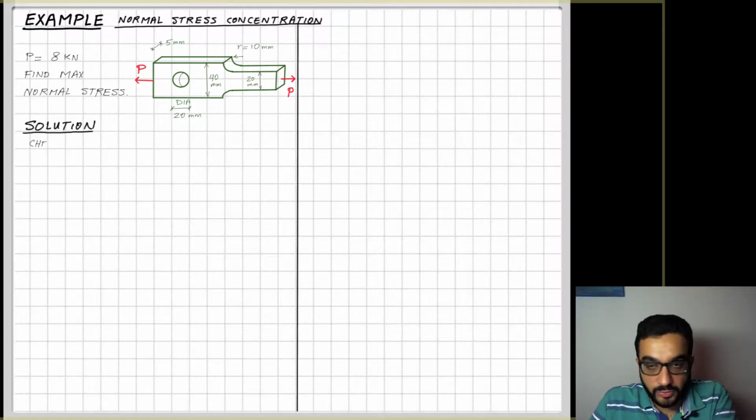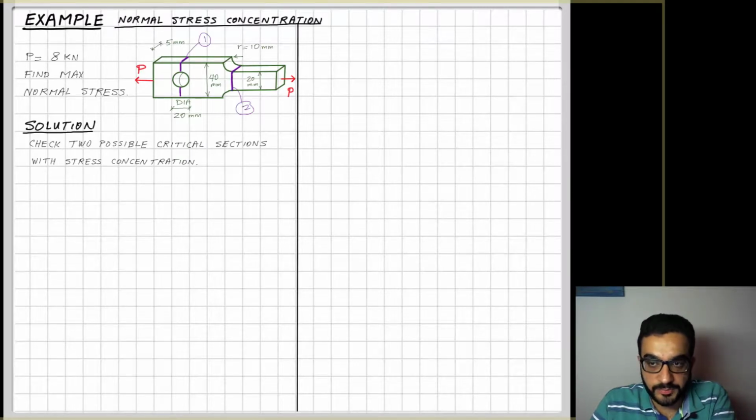So to do that, I kind of see two critical sections here. One is at the hole and one is at the notch. So I will consider each one separately and see where is really the maximum stress.